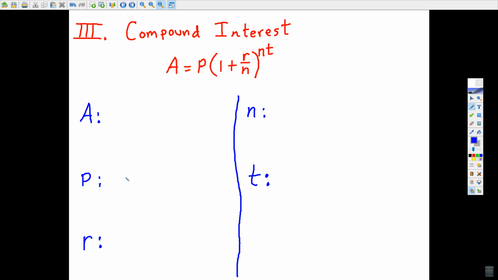Well, let's add the word compound. We know what interest is, but what do we mean by compound interest? That is interest that earns interest. Okay? So those few pennies, let's say you put $100 into your account, and after 1 month you earn 2 cents. All right?